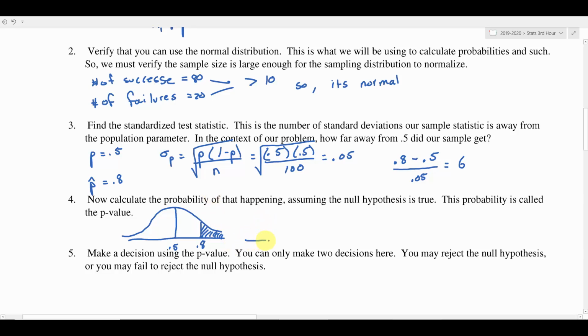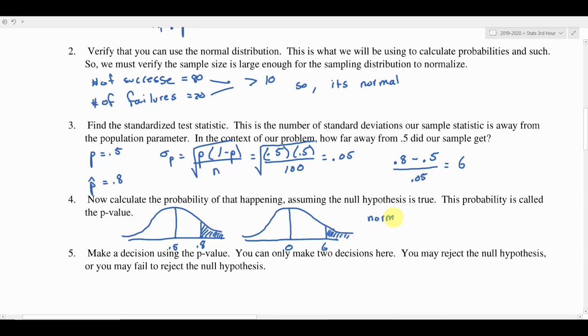Well, for a generic normal distribution with a center of 0 and a standard deviation of 1, we want to know the probability of getting 6 standard deviations to the right. So calculating these two probabilities is the same thing.